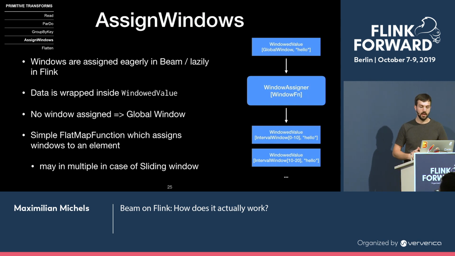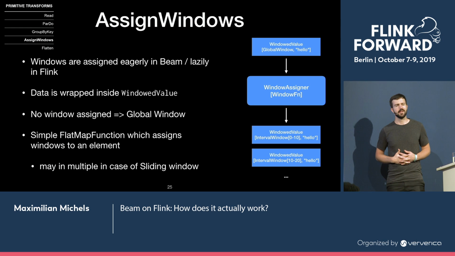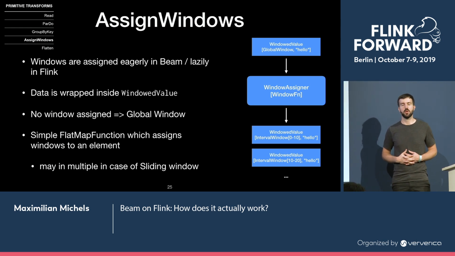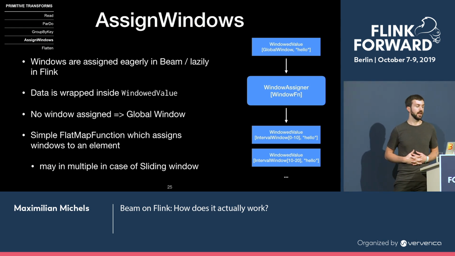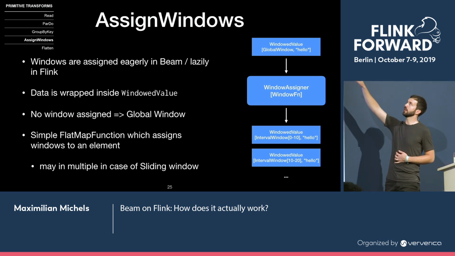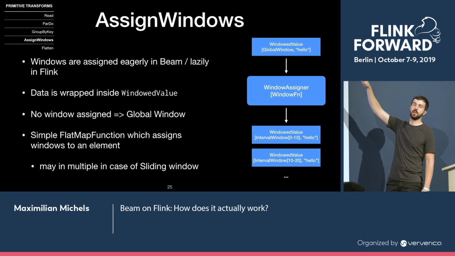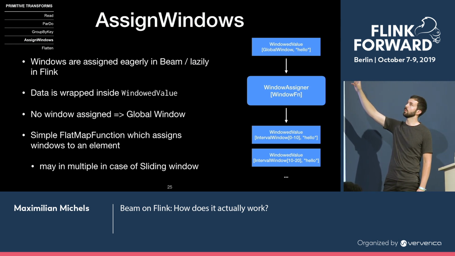The last transform I want to talk about is assigning windows, and this is actually the simplest of all, because it's literally just a flatMap function where you have an element like hello, and everything is wrapped in a windowed value in Beam and assigned to the global window by default.